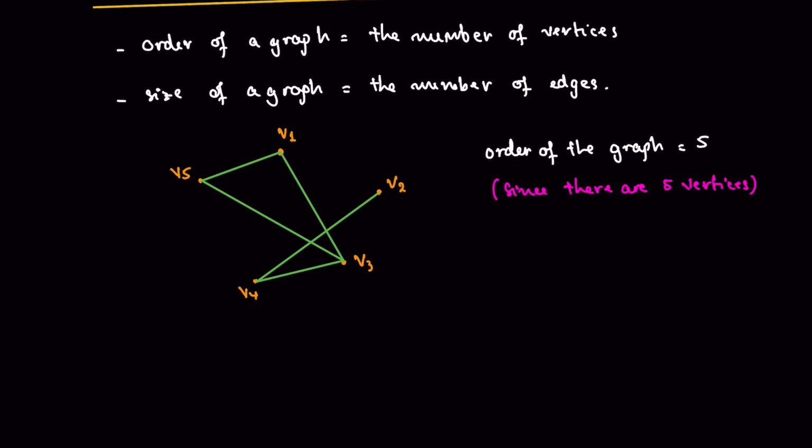And the size of the graph is equal to, so this is 1 edge, 2, 3, 4, and 5. So the size of the graph is also equal to 5, since we have 5 edges.